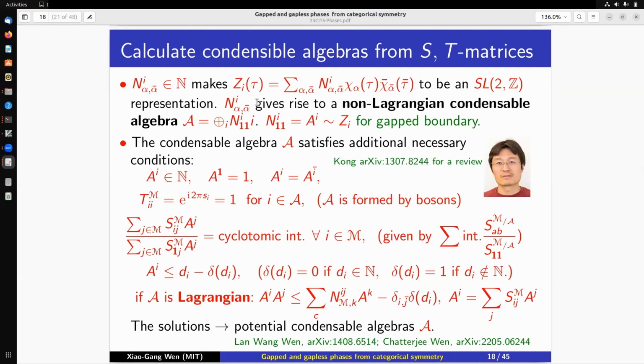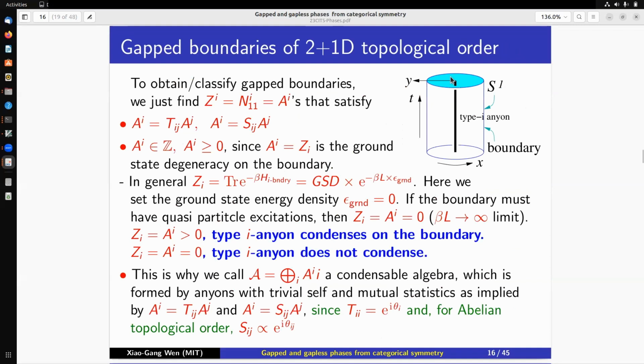So basically the picture is the following. If I insert a bulk anion such that the boundary contains the trivial sector, that means this bulk anion somehow condensed on the boundary because it has a trivial sector. However, if inserting a bulk anion such that the boundary cannot have a trivial sector, then that means that anion is not condensed.